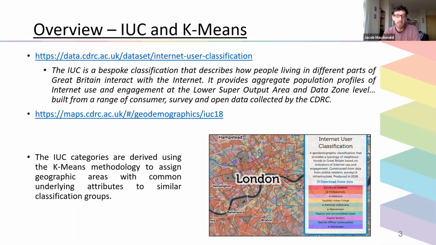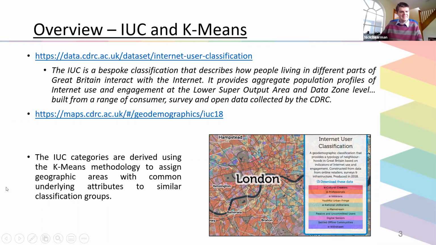So the way that it's built is using the k-means clustering. There's a series of input characteristics that define certain areas, which are in this case the LSOA, and using these attributes of the given area, which relate to internet use and infrastructure, we come up with a classification using the k-means to classify the area based on the range of these underlying inputs data.